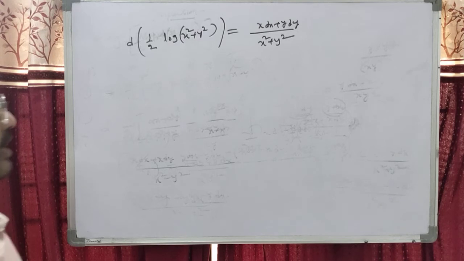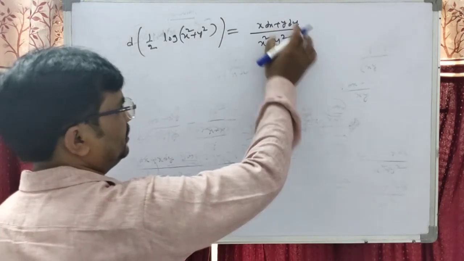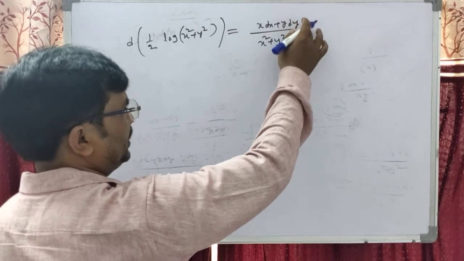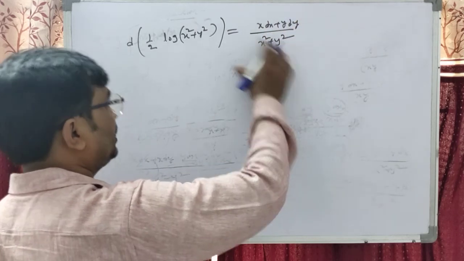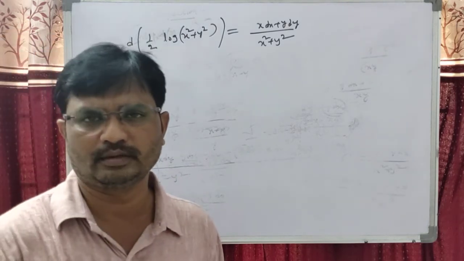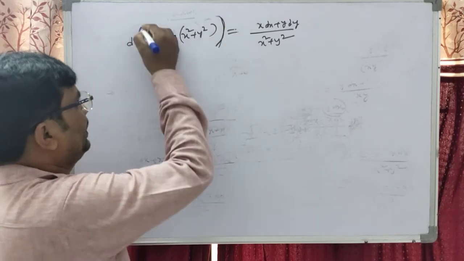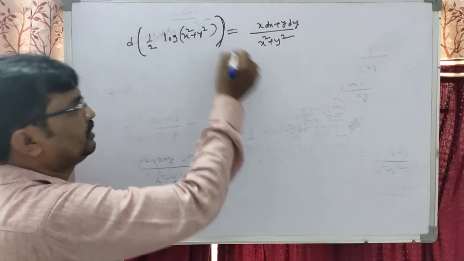When you observe in the differential equation x dx plus y dy upon x square plus y square, we have to take 1 by 2 into log of x square plus y square. That's why I am explaining this for more time. This is the only reason.